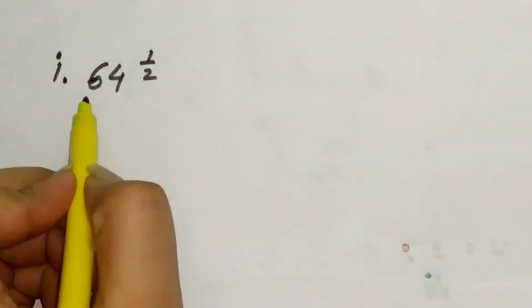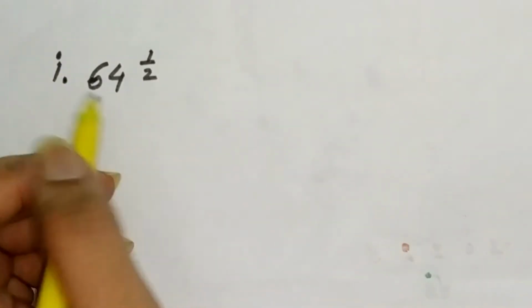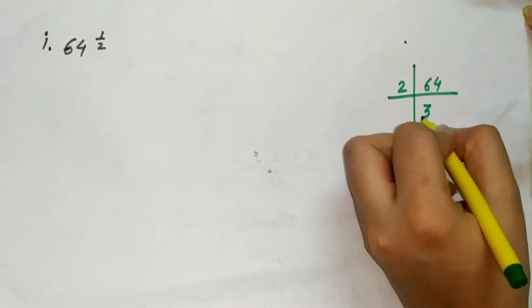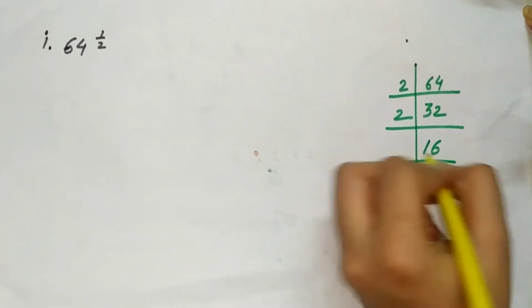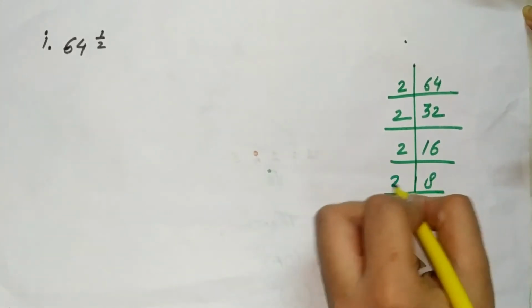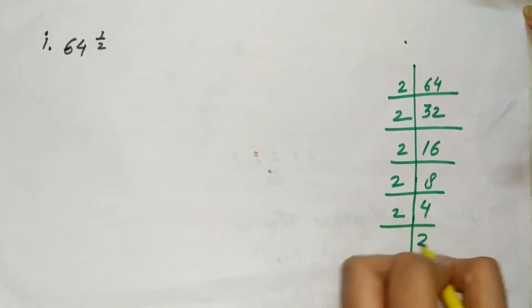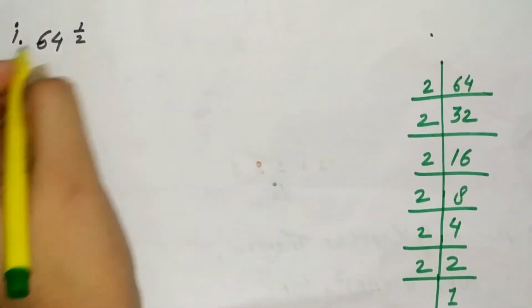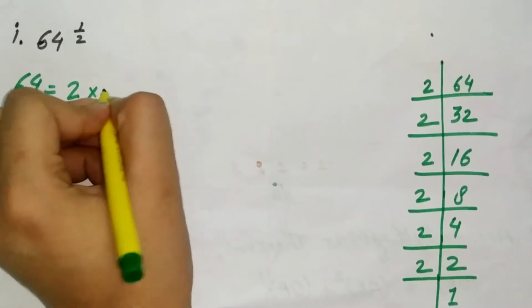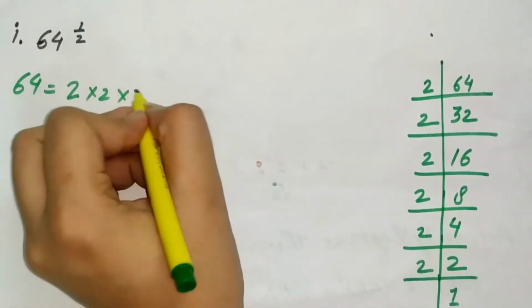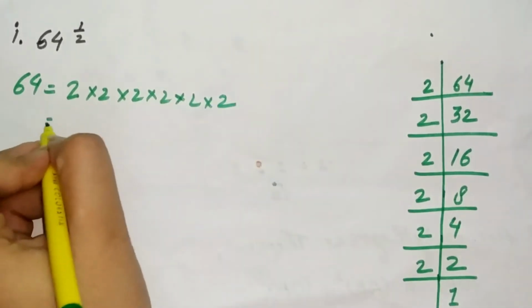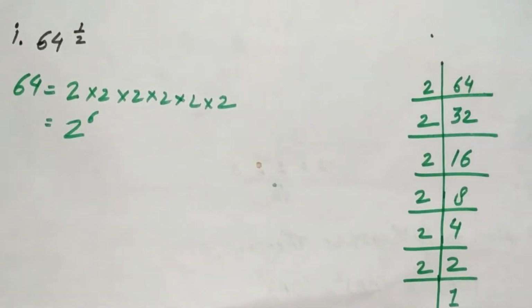Exercise 1.6, question number 1. Follow the steps. Find out the LCM of 64. 64 is equal to 2 raised to the power 6.